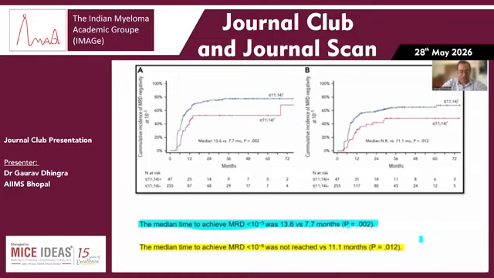The median time to achieve MRD negativity at 10 to the minus 5 was 13.6 months in translocation 11-14 positive multiple myeloma versus 7.7 months in translocation 11-14 negative myeloma. Even at the 10 to the power minus 6 level, the median time was not reached for translocation 11-14 positive myeloma versus 11.1 months for translocation 11-14 negative myeloma.